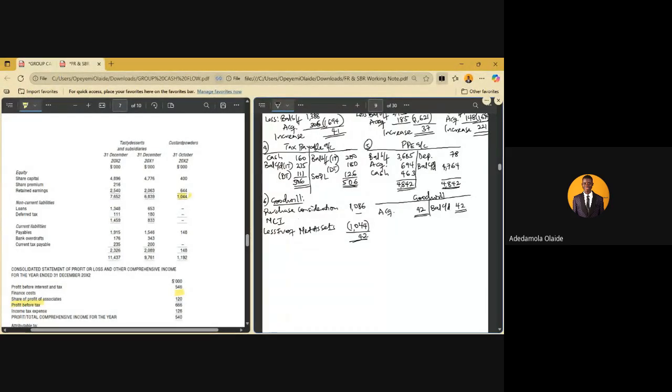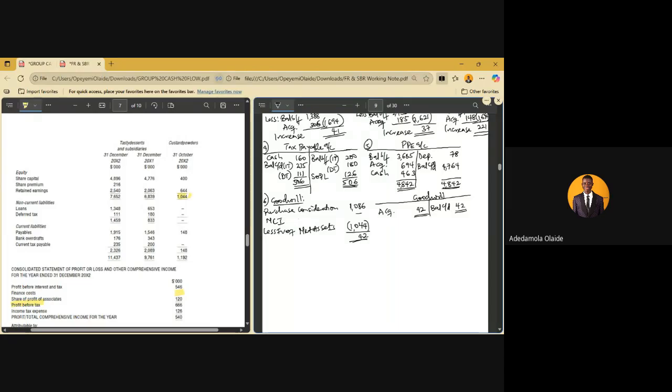But let's assume we calculated it and it was 45, and we have in the SOFP 42. Now we know there has been an impairment.